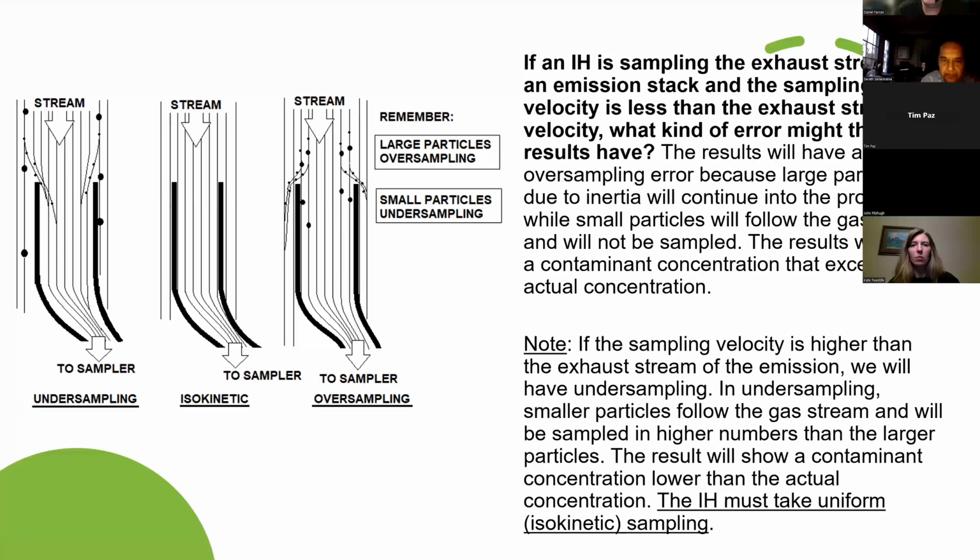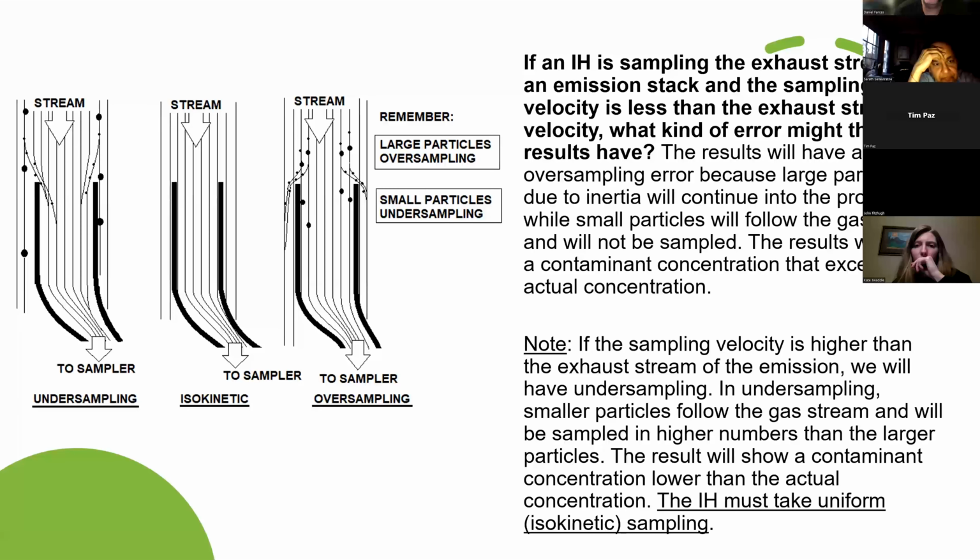The results will have an oversampling error because a large particle, due to inertia, will contribute, as you can see in the picture, into the probe, while small particles will follow the gas stream and will not be sampled.